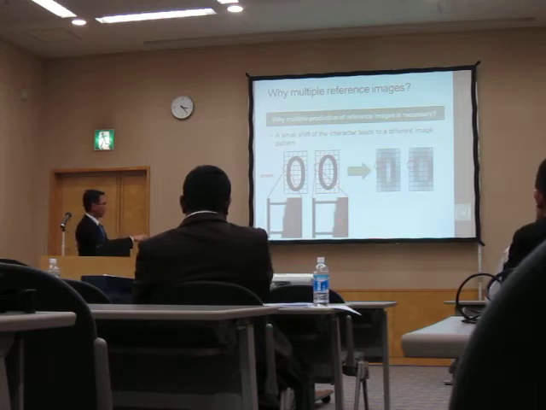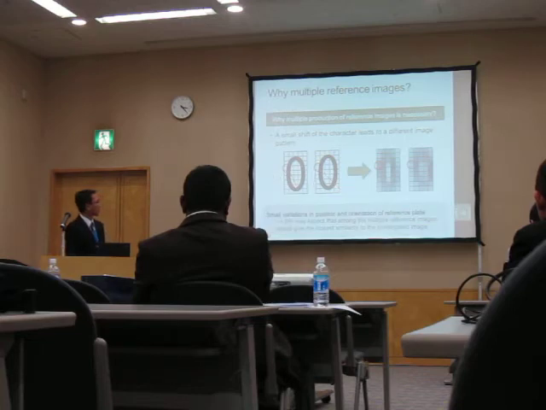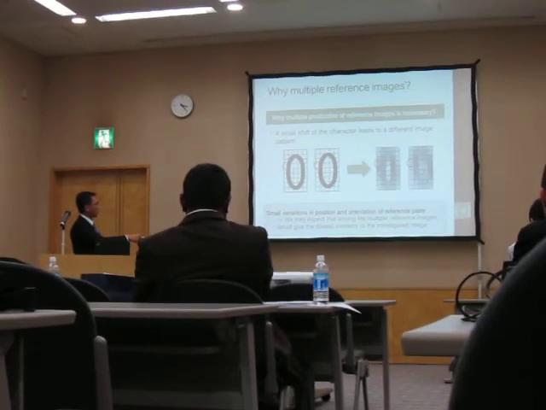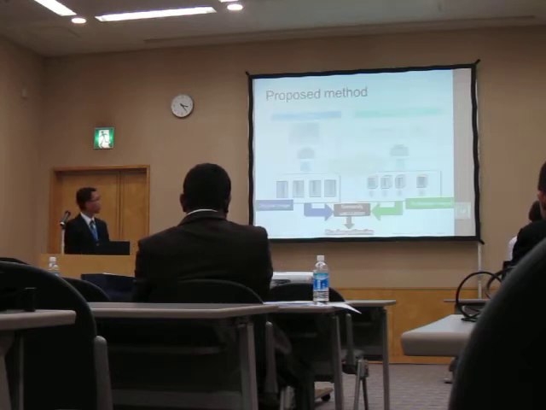And if this phenomenon happens to the entire image in one frame, of course it will lead to a different image pattern. So in order to tackle this problem, we create multiple productions of reference images. By implementing small variations in position and orientation, we may expect that among the multiple reference images, one would give the closest similarity to the investigated image.